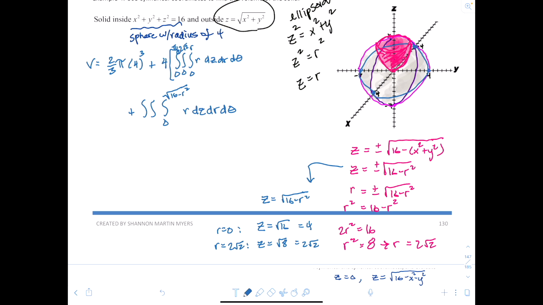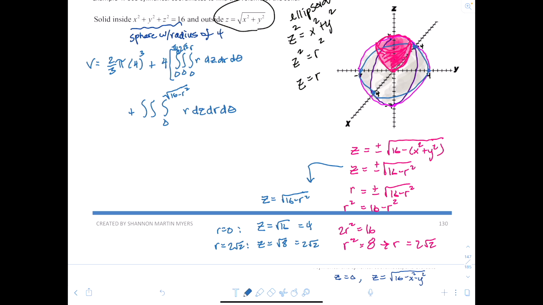So you're basically finding the volume from the 2 root 2, which is the bound we found from the ellipsoid, and you're taking it to r equal to 0, which is going to take you to the sphere itself.